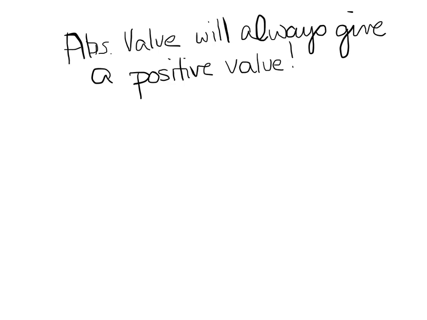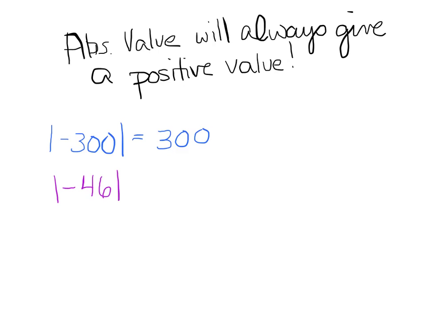So when we start looking at what the absolute value of negative 300 is, we can say that it is 300 spaces away from 0. If we have negative 46, we can say that it's 46 spaces away from 0. If we have the absolute value of 139, we can say 139 is 139 spaces away from 0.